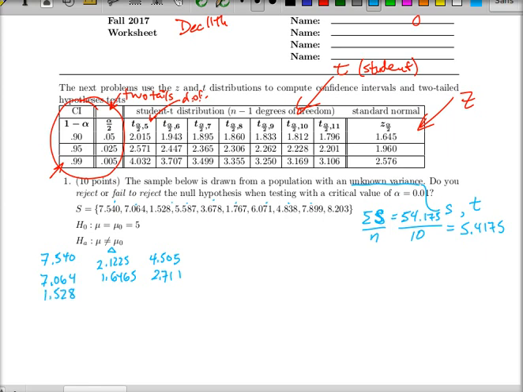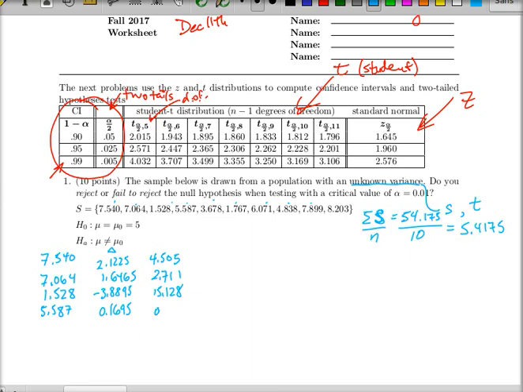1.528 minus 5.4175 equals negative 3.8895. Square that, I get 15.128. Add that to the memory. 5.587 minus 5.4175 equals 0.1695.